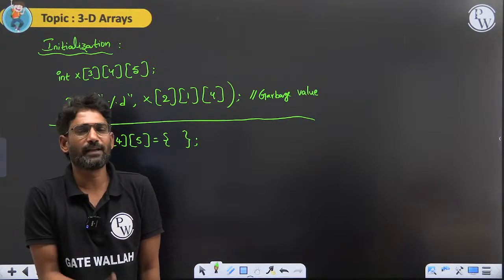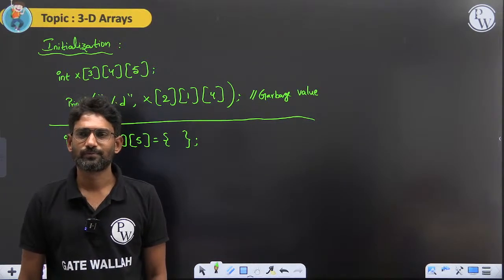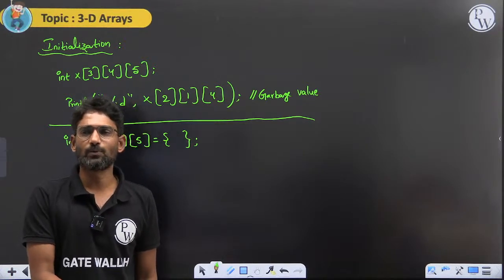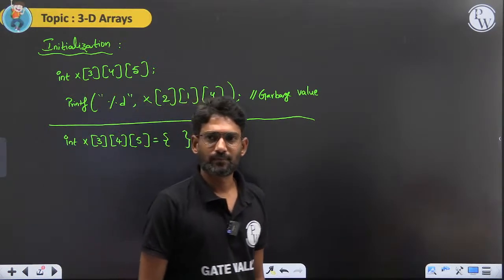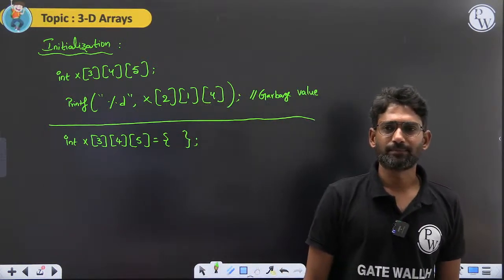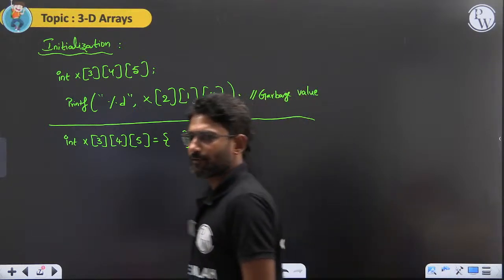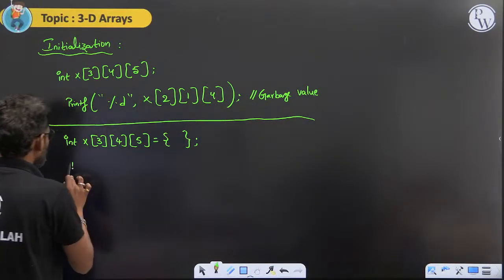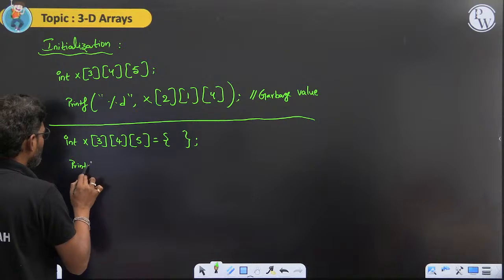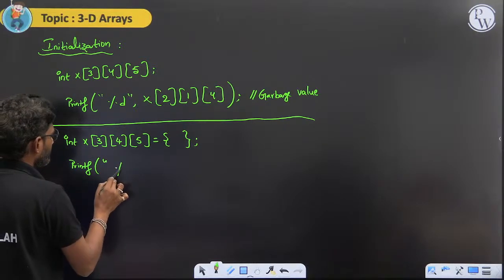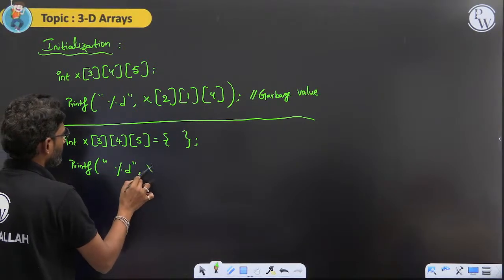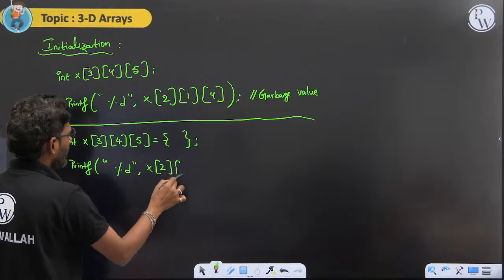I have not given any value even now. So again what will be printed? If I try to print some value, what would be printed? X of 2, 1, 4.